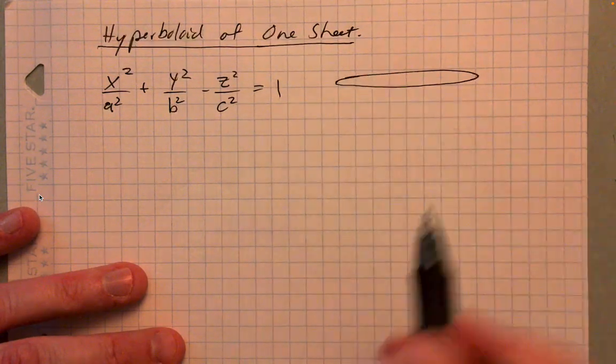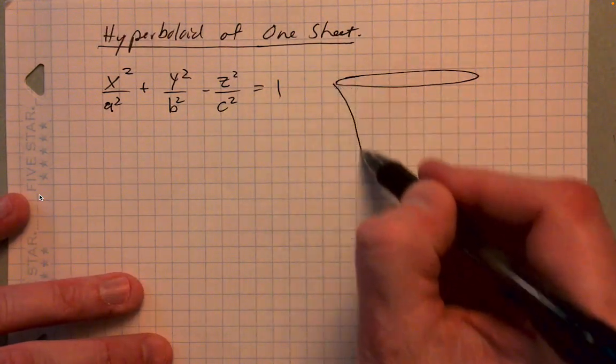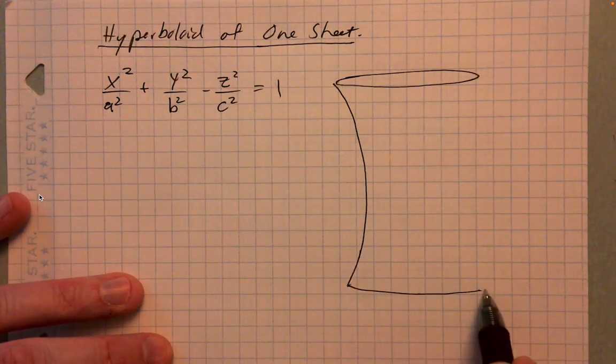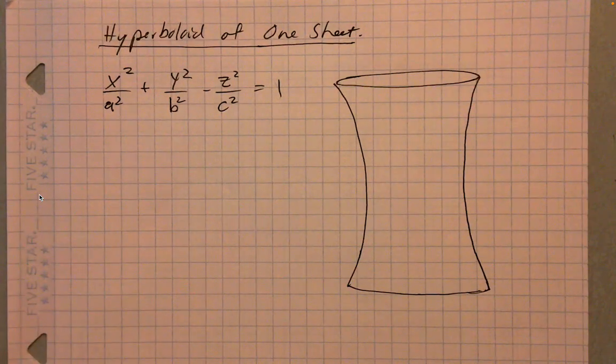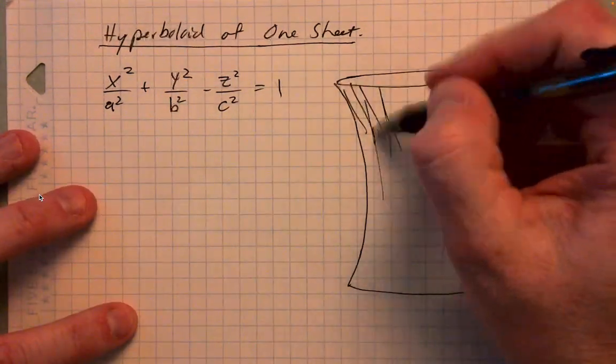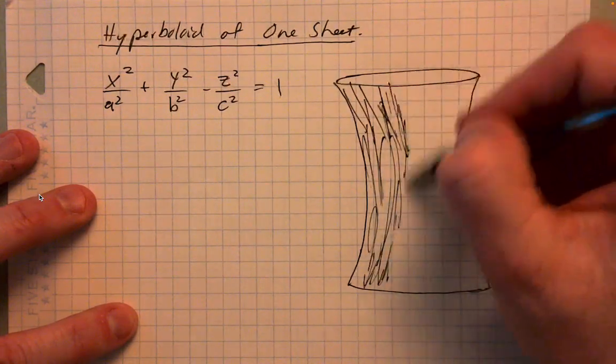Well, kind of like the elliptic cone, it has kind of a top, but then it comes down and does this instead of crossing over at the center. It looks a bit more like this. And again, it has some curvature here.